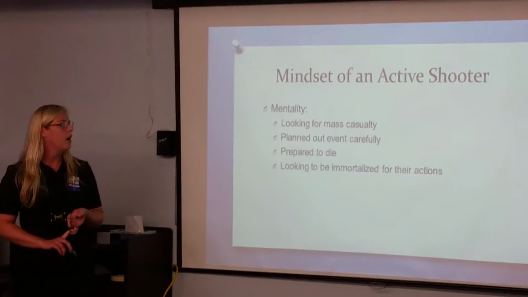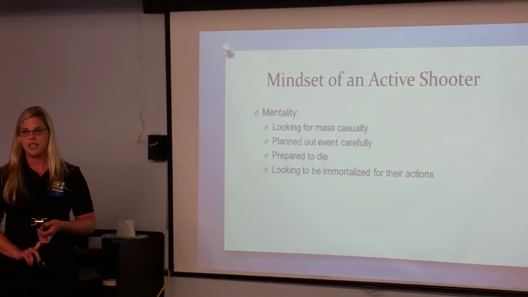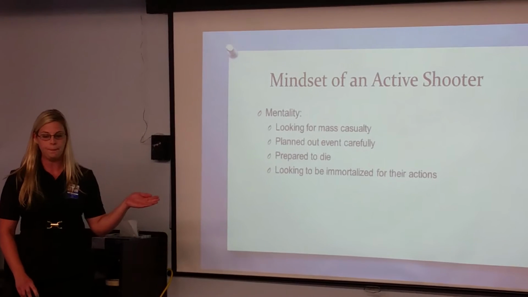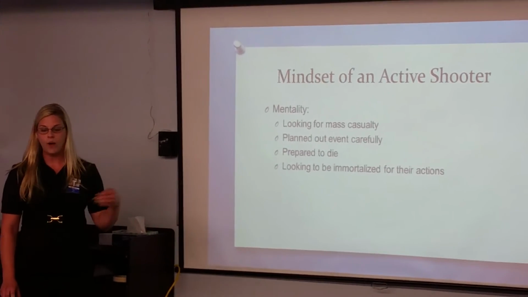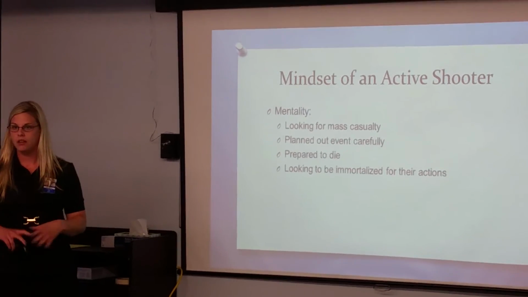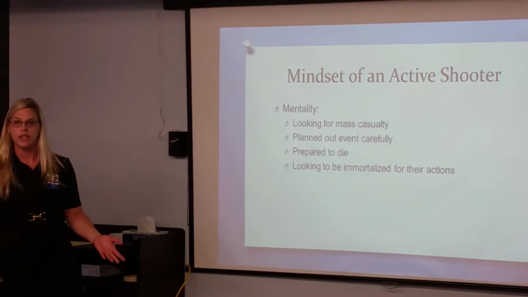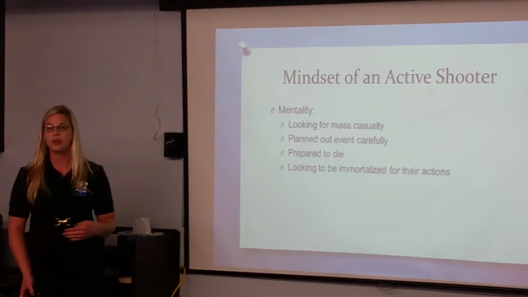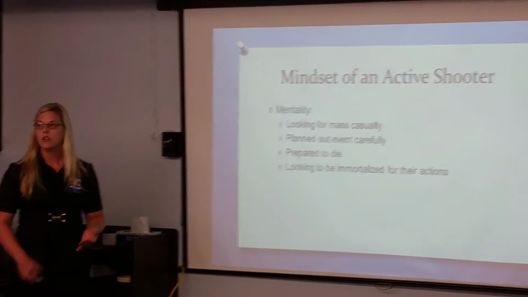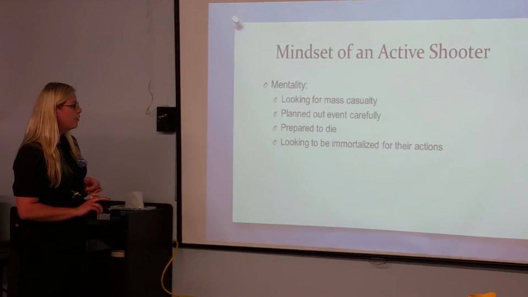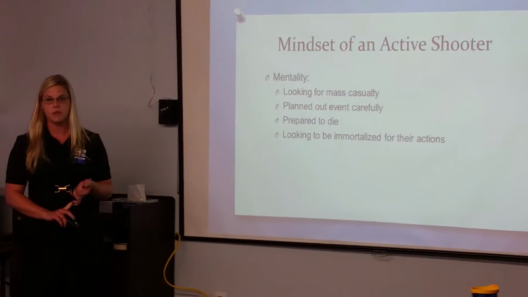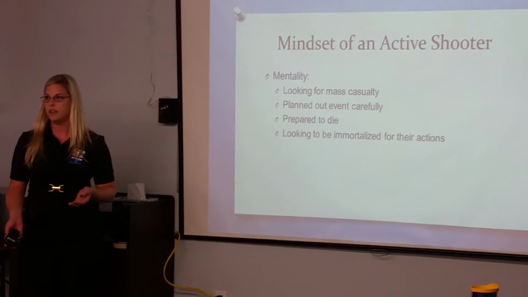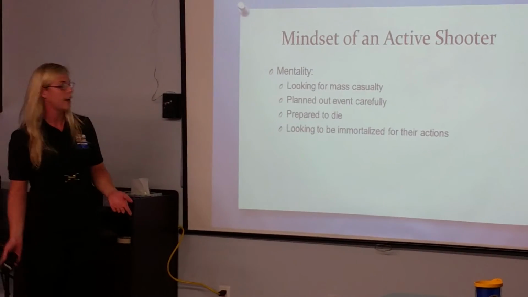The other thing about an active shooter is that they're prepared to die. They have this very well planned out idea that they're going to do this, but they really don't have any plans for what happens after. Okay. They're looking for some sort of immortality by committing these attacks or actions.